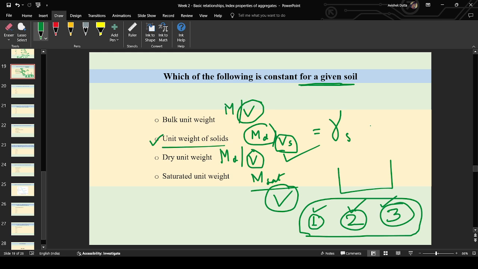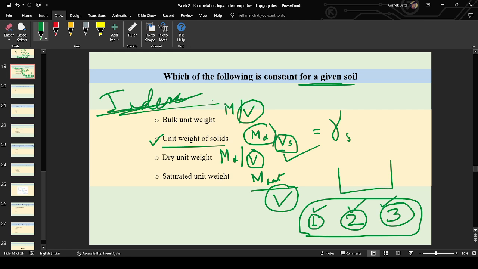Whenever we consider index properties, basically they are index properties, right? These properties are determined from various laboratory tests and using some empirical formulas.